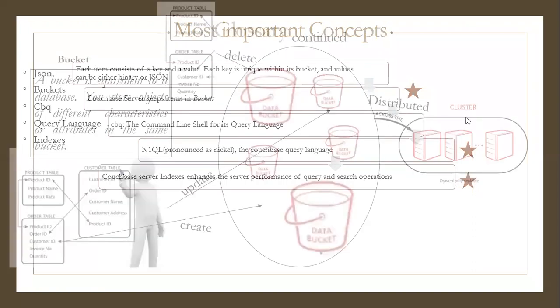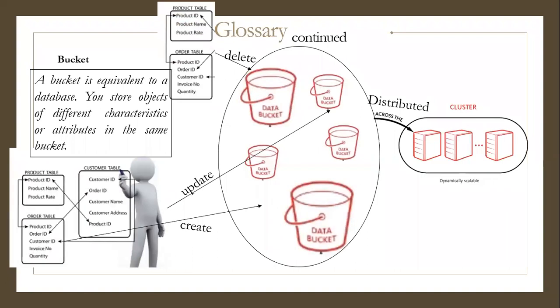Okay, so as I was discussing, there is something called a bucket. With the help of that bucket, we are going to save the documents. Here we don't have tables or collections. If you are a MongoDB user, then you are aware of DBs, collections, and documents, but here there is nothing called collections or tables.